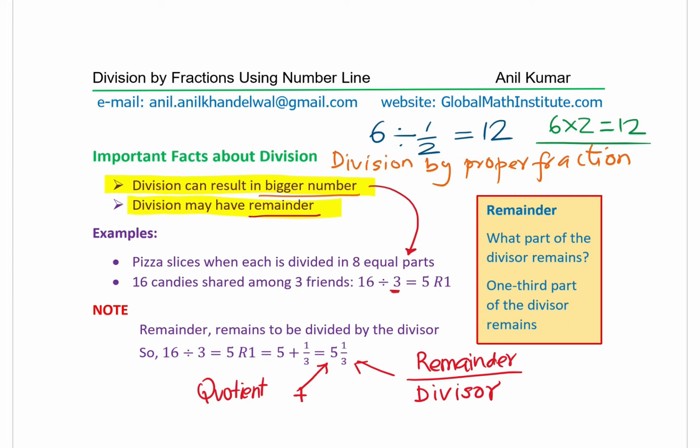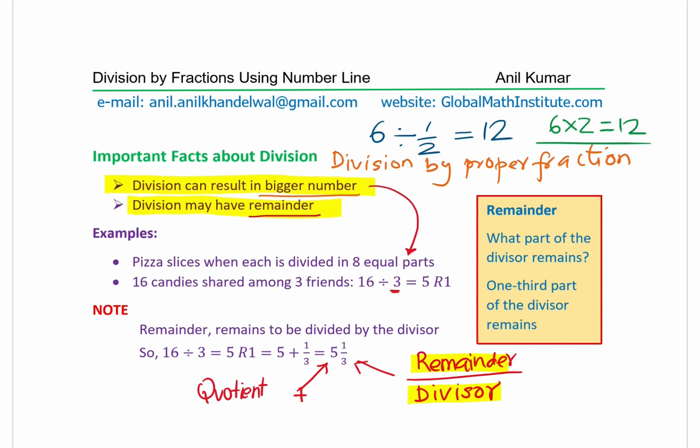So the remaining part we have to divide by the divisor. What part of the divisor is left? So in short, this particular portion here, remainder divided by divisor, could always be thought about as what part of the divisor remains. When we divide, what part of the divisor remains? So in this particular case, 1/3 part of the divisor remains. 1 out of 3, correct?